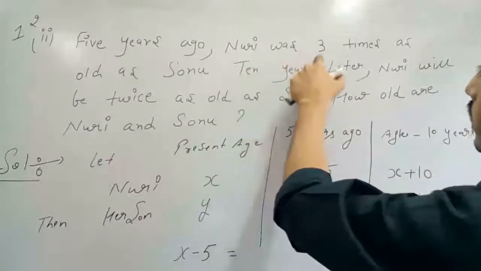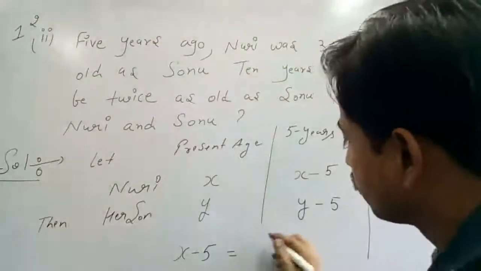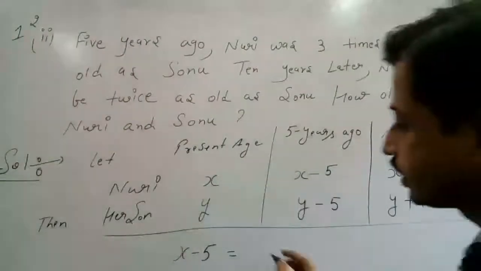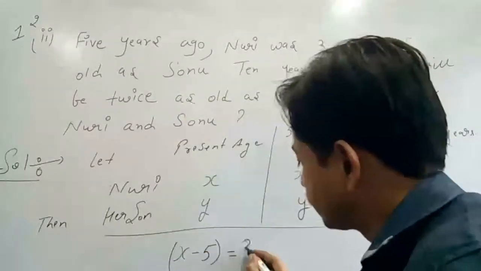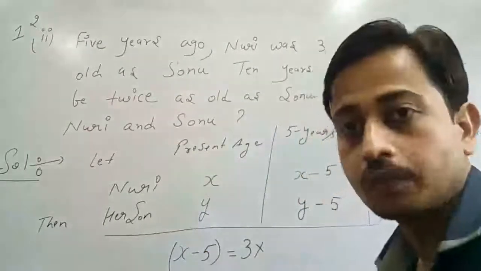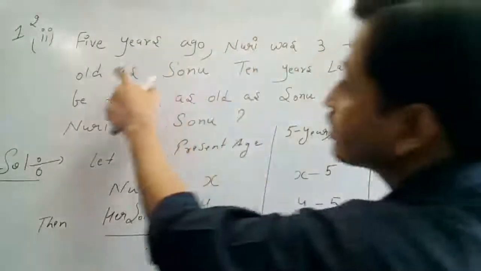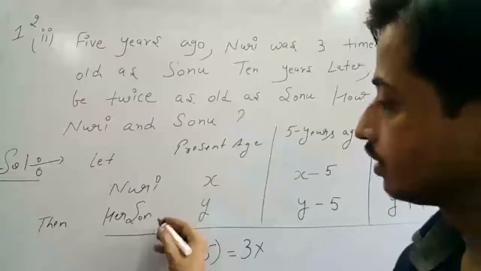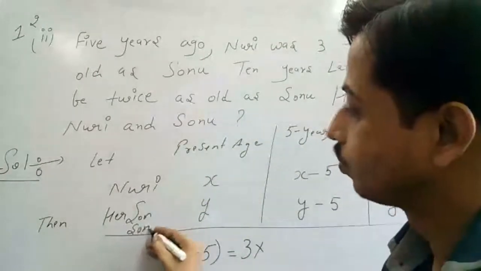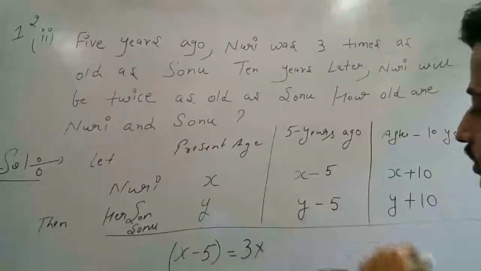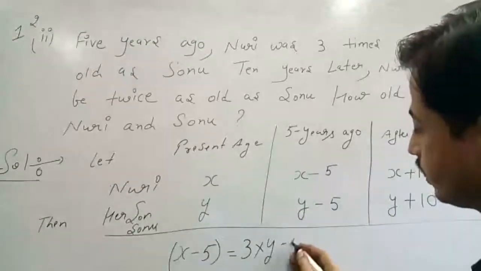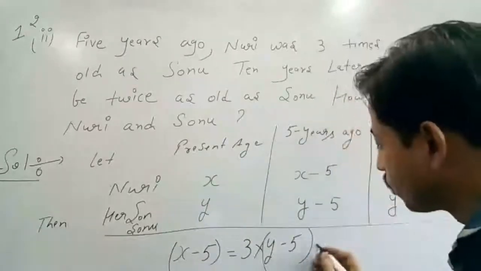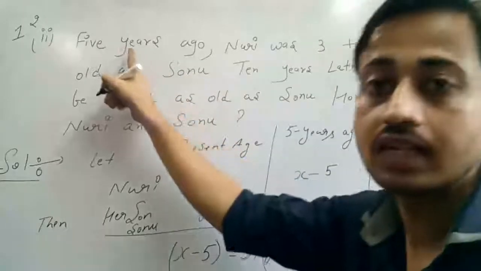Noori was 3 times, meaning 3 multiplied as old as Sonu. What's the age of her son Sonu? Y minus 5. This is the equation 1 according to the given condition.